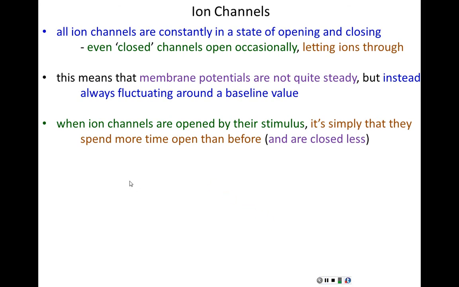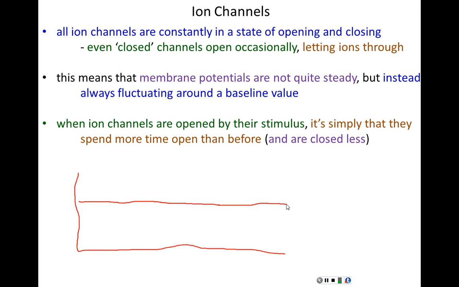And so what we mean by this is, if you just bear with me for a second here, if we were to sketch this out, here's a graph. And we think of the membrane potential as a nice steady line, right? The resting membrane potential right around negative 20 millivolts, a nice steady line. But it's not true. With all these channels opening and closing, the membrane potential goes up a little bit, and then the cell compensates and brings it down, and then it goes up a little bit, the cell compensates and brings it down.